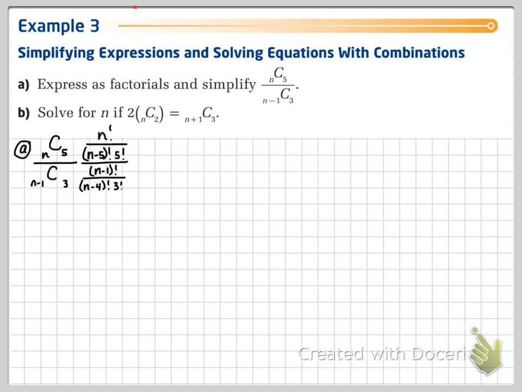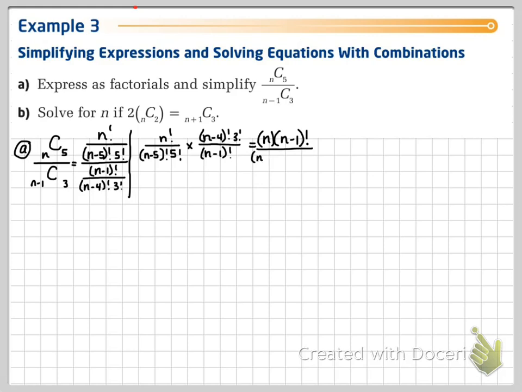Now, we're going to invert and multiply. To do that, we're just going to rewrite this as a multiplication, just like fractions, multiply by the reciprocal. Now we're going to change things a little bit. We're going to write n factorial as n times n minus 1 factorial.